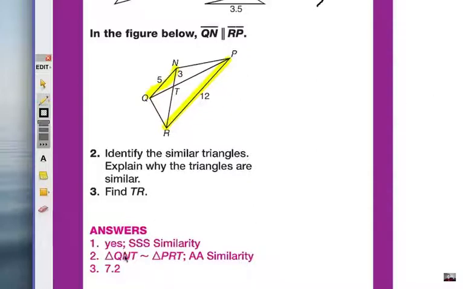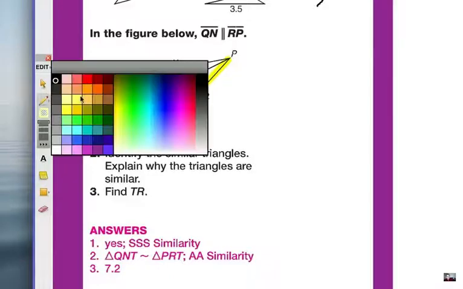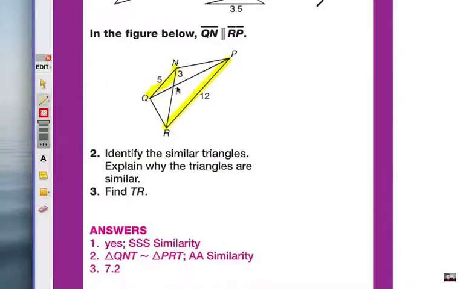All right, number 2, we have triangle QNT. So notice QNT is similar to PRT. Now why is that, PRT? Well, what we have here is three angles congruent to each other. So this angle right here is congruent to this angle here because those are vertical angles right across from an intersecting point, right?